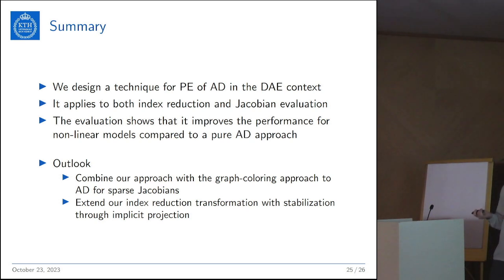Going forward, we would like to combine our approach with the graph coloring approach for sparse AD Jacobian computation, and we would also like to extend our index transformation to include stabilization through a method you can call implicit projection. That concludes my presentation, and I'm happy to take any questions.